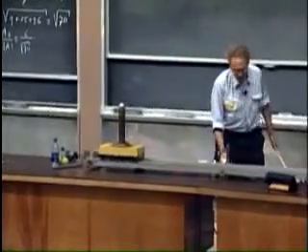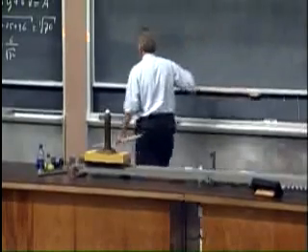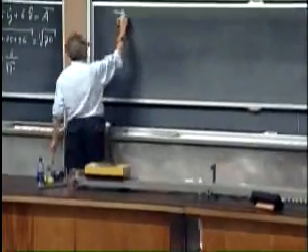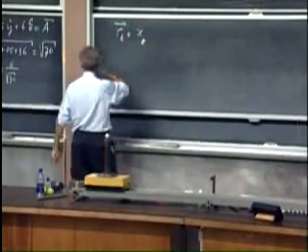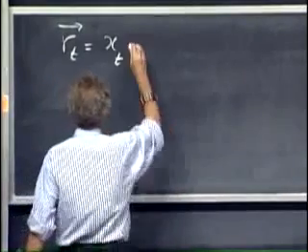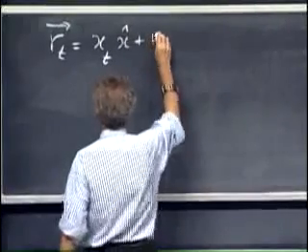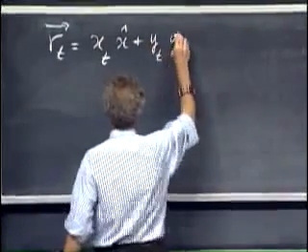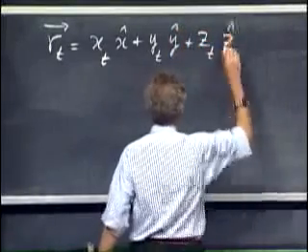And so I'm going to write down the vector r in its most general form. r, which changes with time, is now x of t times x roof, plus y of t, y roof, plus z of t, z roof.